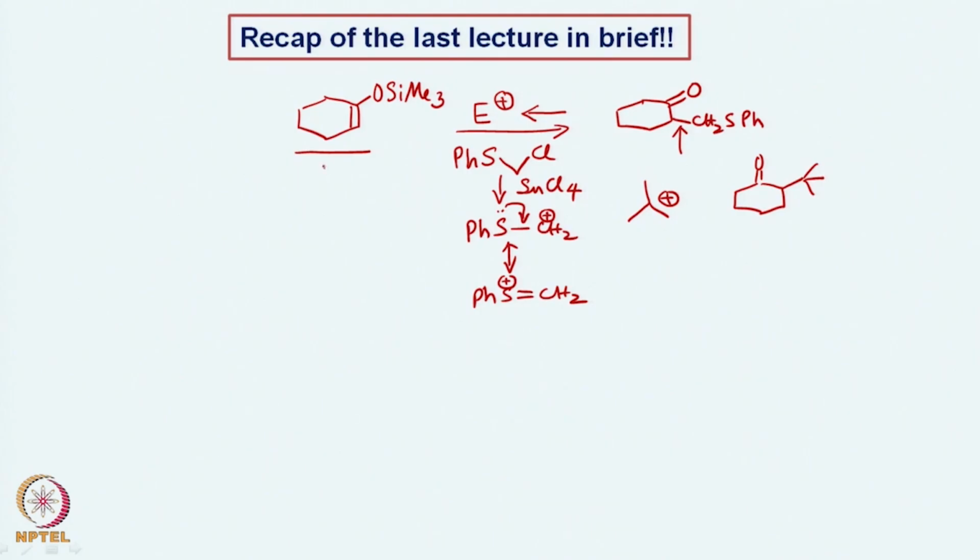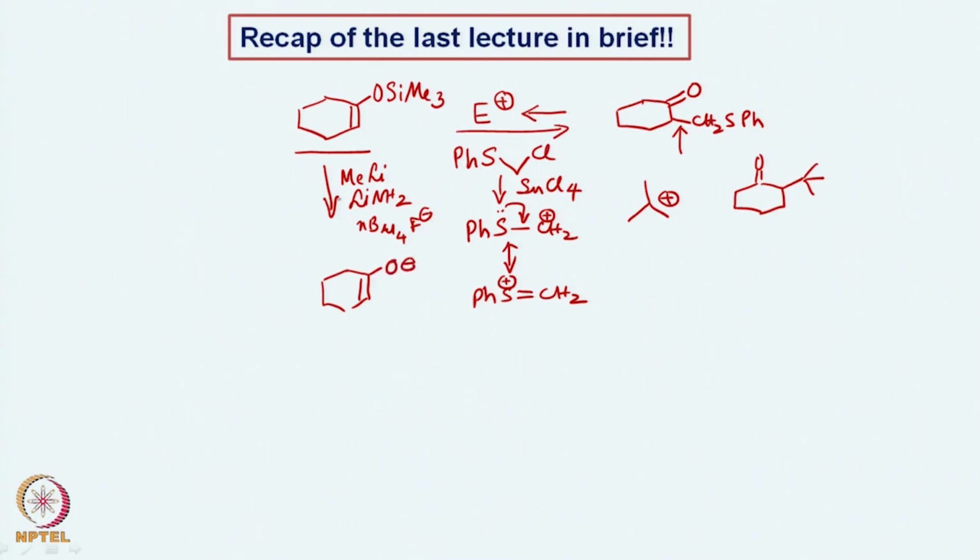But on the other hand, we can also react this with, say, methyl lithium or lithium amide, as we discussed, or even tetrabutyl ammonium fluoride, and then we can generate the corresponding enolate.